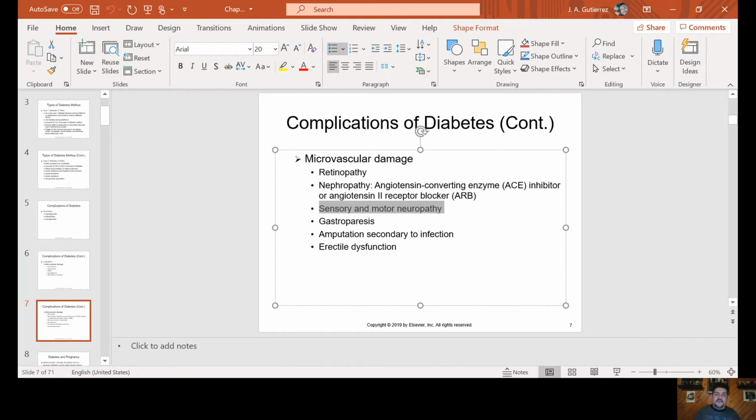At the beginning, the patient is going to tell you, I feel numbness, I feel like ants underneath my skin on my fingertips or on my toes. Then it's going to move to pain. I have pain and I don't know how to control it. I take Tylenol, it doesn't work. And then after that, you do a follow-up. Hey, how's your pain? Oh, it's gone. Oh, good for you. No, now I don't feel anything. I have no sensation because the nerve died.